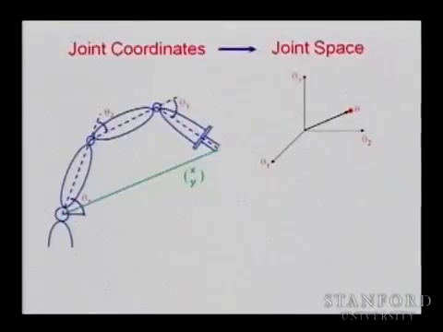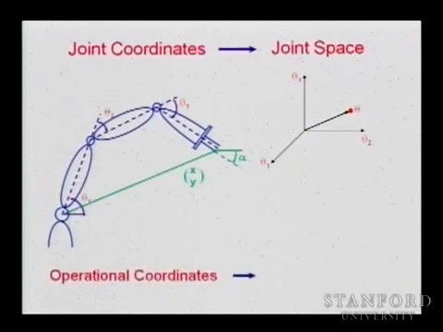Now, for the end effector, as I said, we locate the end effector with a vector x, y, but that doesn't completely define the position and orientation of the end effector. We need also to define the orientation, or some angle. So we need alpha, and then x, y, and alpha represent fully the position and orientation of the end effector, and that defines the 3 operational coordinates for the end effector.